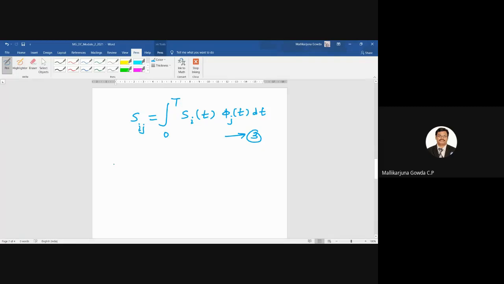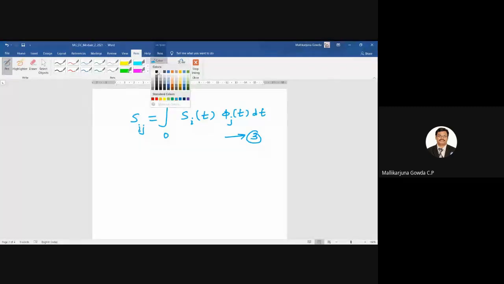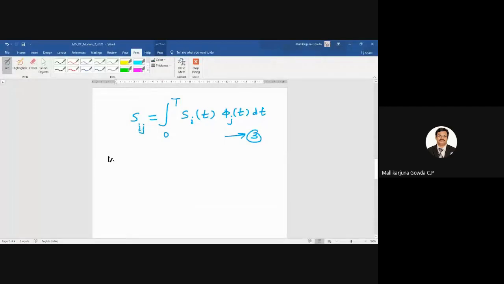So similarly, Wj is what? Wj is the sample value of the random variable, capital Wj.